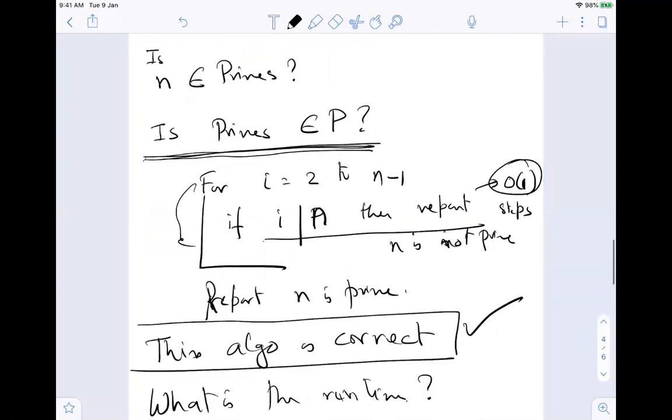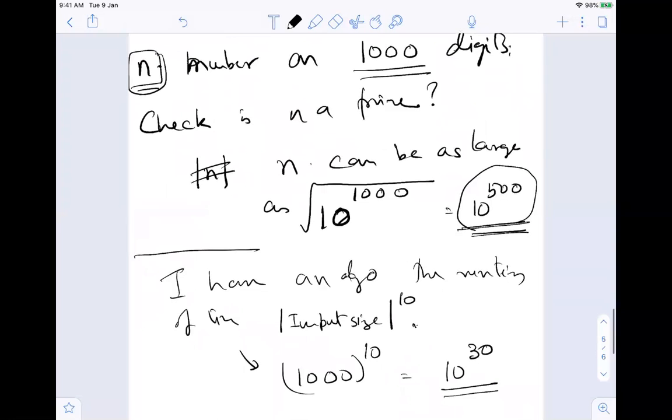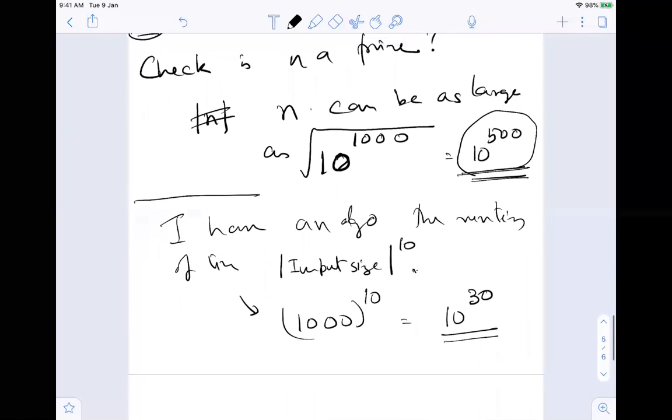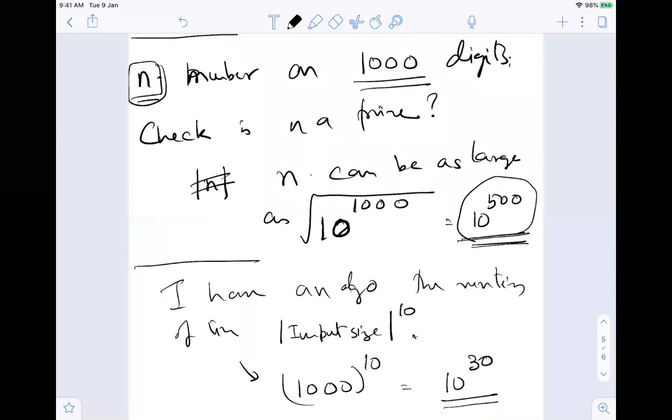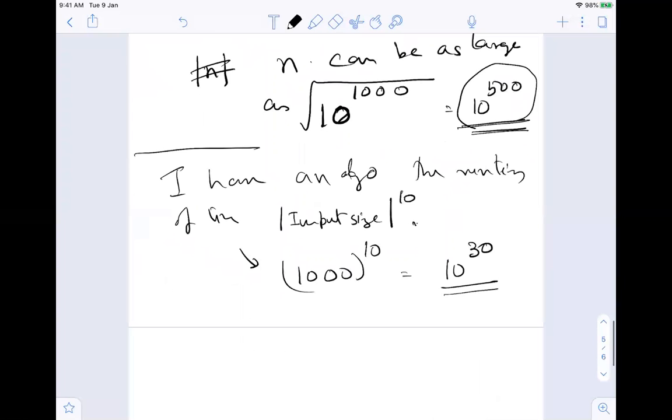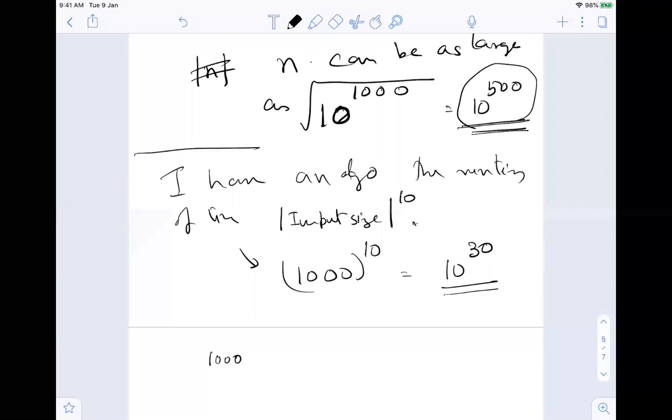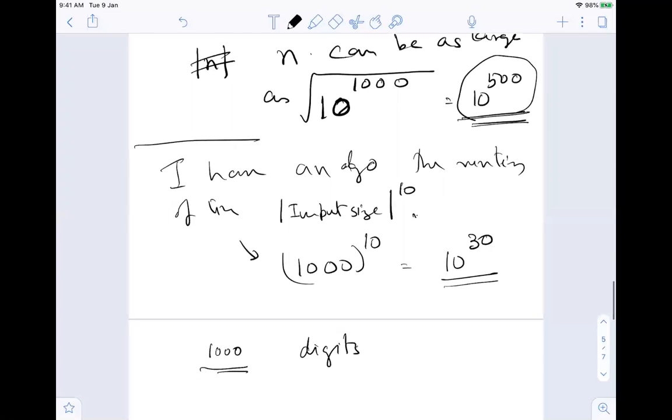Okay, because you are given an input, right? The input has been encoded in this form. So I have told you an input and I've encoded that input in 1,000 digits. So for your algorithm, 1,000 digits is very easy, good, and a computer can go and read 1,000 digits without any problem, right?